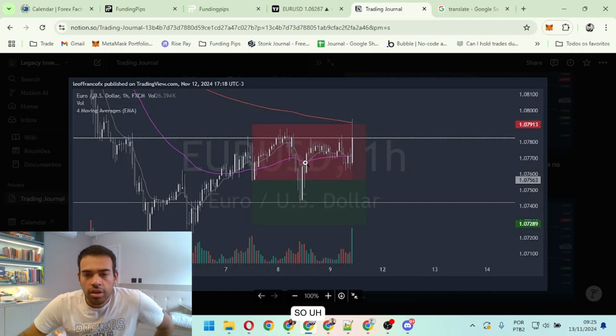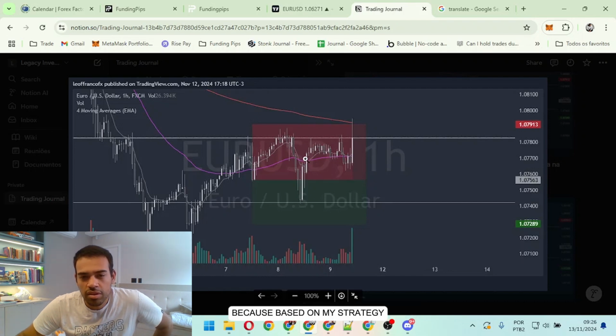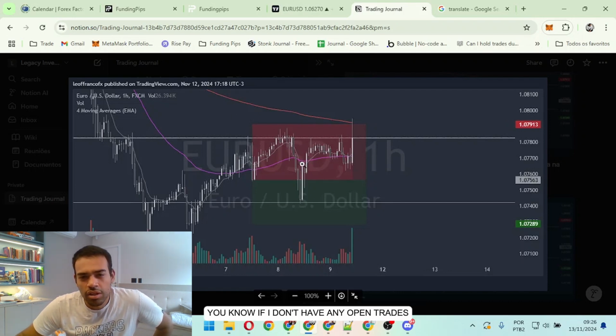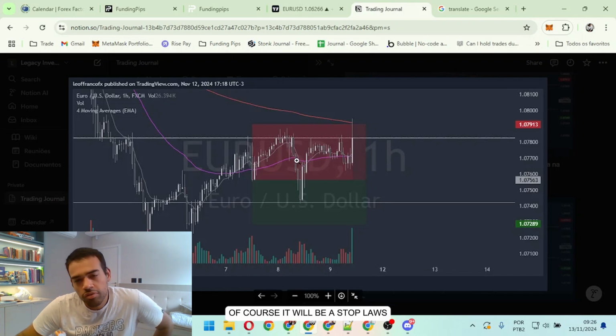So for my learning, I need to close the trade around this area right here, because based on my strategy, I will go long if I don't have a previous trade open, you know. If I don't have any open trades, I will go long in this area right here. So in this case, I need to close the trade right here. Of course, it will be a stop loss, but not a large stop loss, you know.